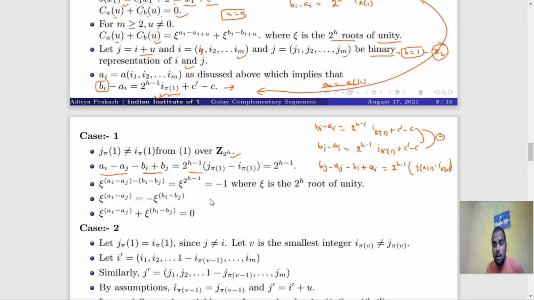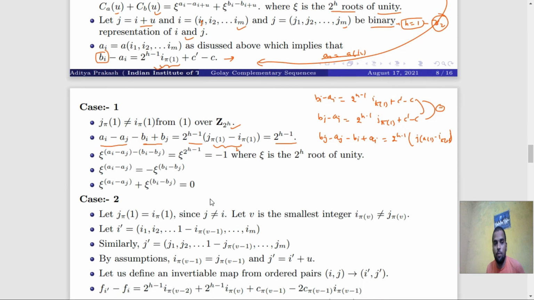We know that in the binary case, j pi i is not equal to i pi i, that is, both are different, so the value will be 1. So this is 2 to the power h minus 1 into 1, that is, 2 to the power h minus 1.